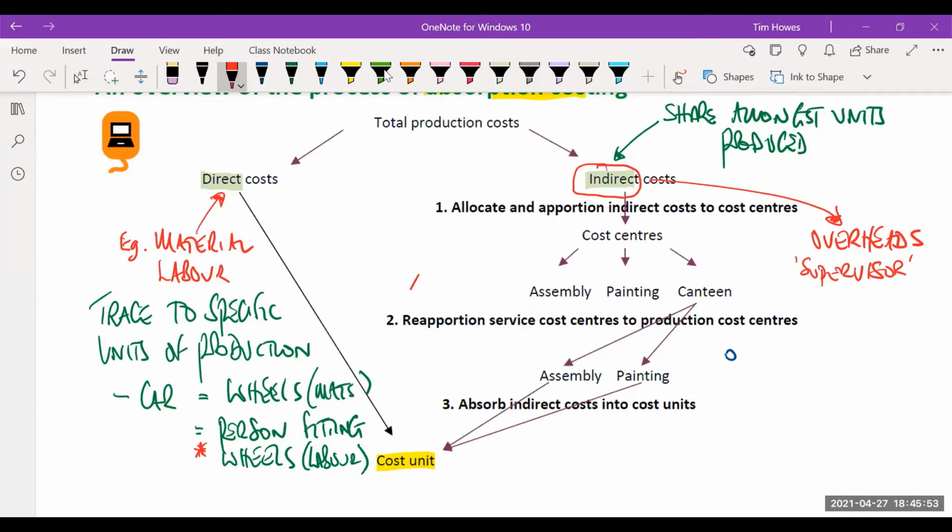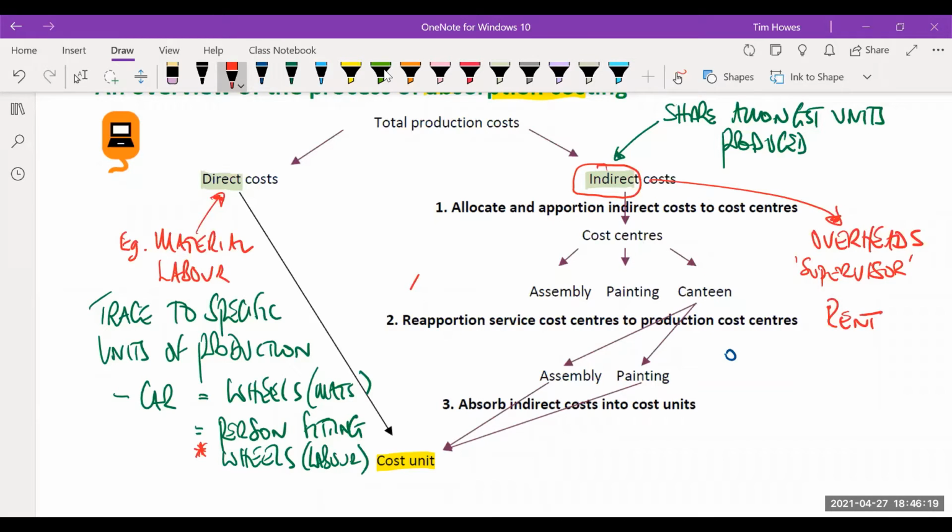And so we're going to have to, in some way, share it, spread the love, as it were. We have to get that cost into a cost of production, but we can't just pin it straight on the donkey, if you like. We're going to have to go through a process of sort of sucking it up, as we'll see in a minute. Also things like rent and rates.